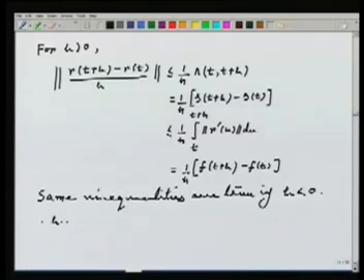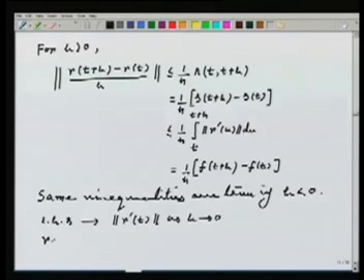Now I want to take limit h going to 0 on the left hand side and the right hand side. Now the left hand side goes to norm r prime t as h goes to 0, and I look at the right hand side, that goes to f prime t as h goes to 0.